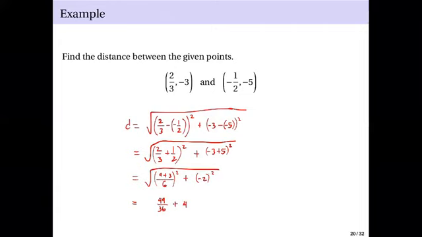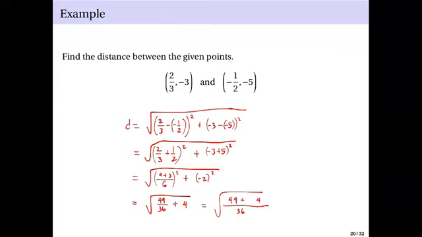Let us continue with the simplification. In here, the common denominator or the LCD will be 36. You have 49 plus, for the other one here, 4 times 36. So 4 times 36, you have 4 carry 2, 12.